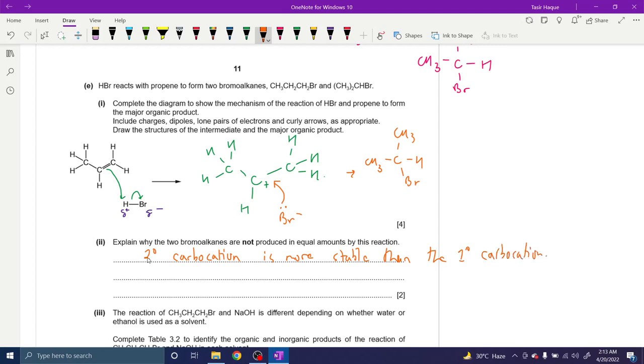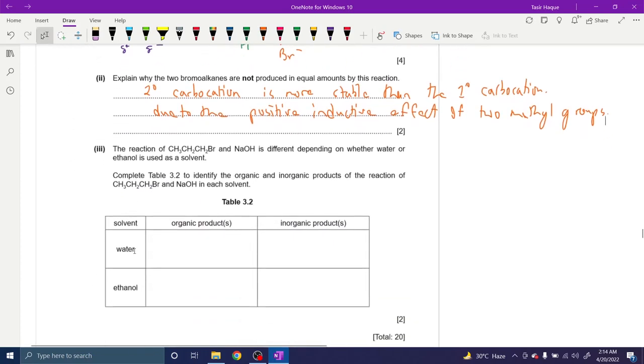Now we are going to answer why. Due to the positive inductive effect, or the electron donating effect, of 2 methyl groups, or you could say 2 alkyl groups. That's fine.